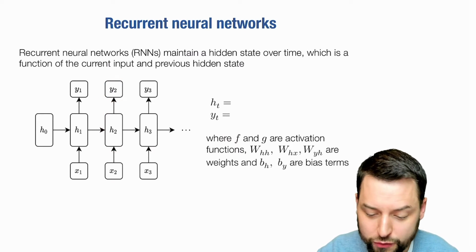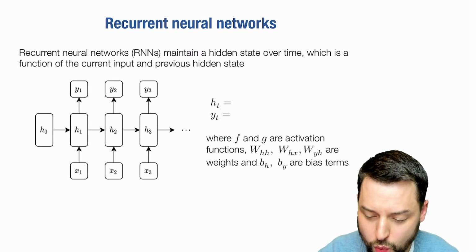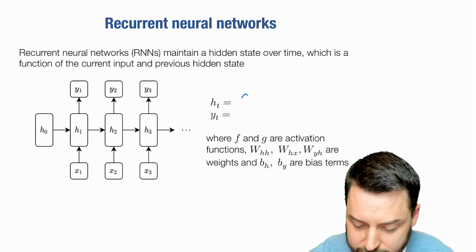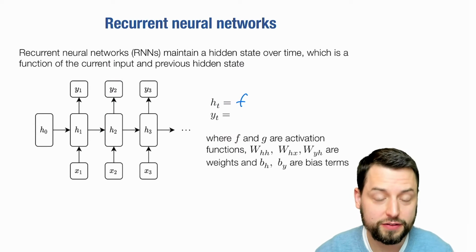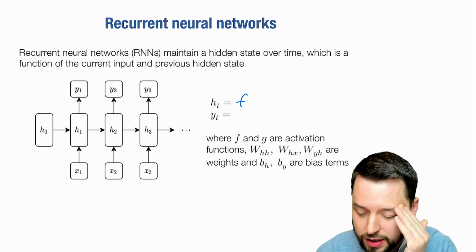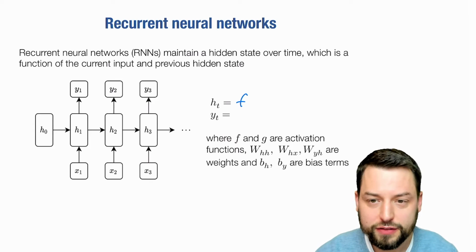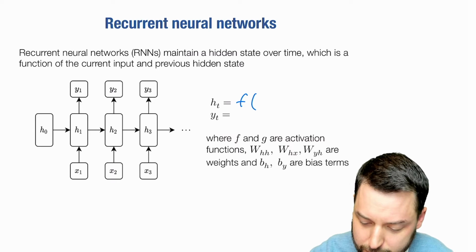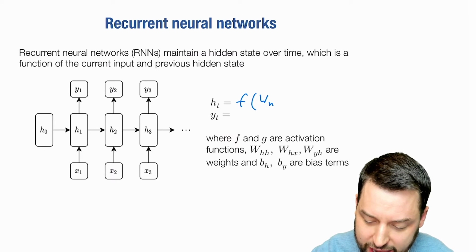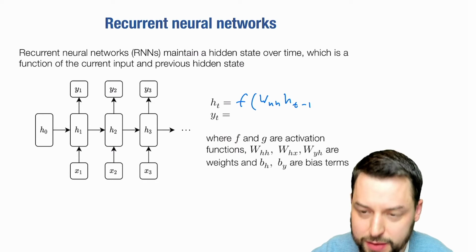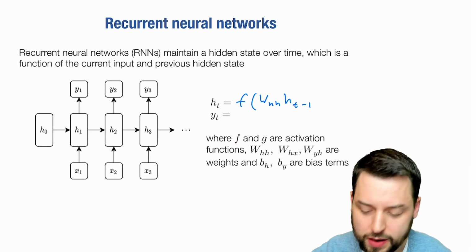We can write this more formally now. Our hidden state h_t is equal to some nonlinear function f. This could be the sigmoid, the ReLU, or anything else. Some nonlinear function of a matrix W_hh times our previous hidden state h_{t-1}.